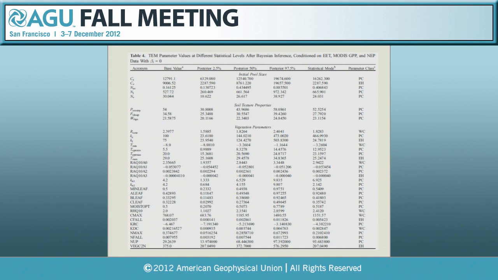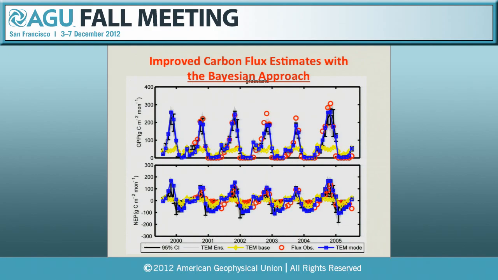This example shows how the Bayesian inference approach gives you a confidence level for parameter values, in some mode, the statistical mode values. What we showed here is the conventional, traditional calibration. Using the Bayesian approach, you have multiple sets of parameters with different confidence levels. This one shows an example of how those parameters are constrained at one site.